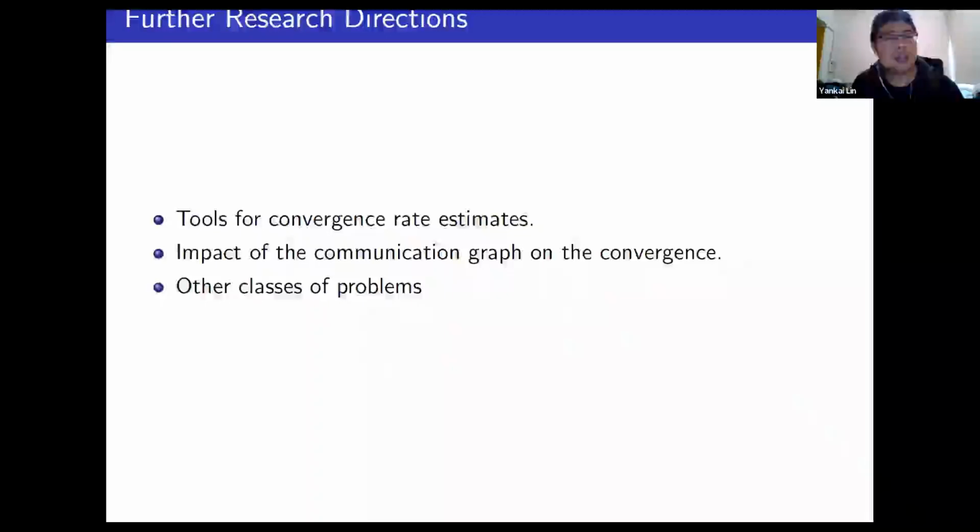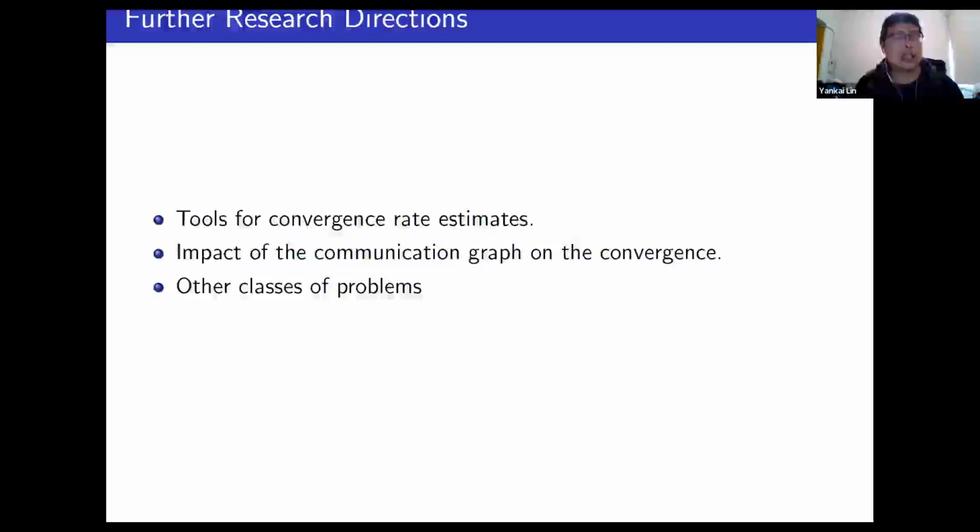So here are some future research directions. One thing of particular interest is tools for convergence rate estimates. We are obviously interested in convergence rates, even when using uncoordinated and local step sizes. And we want to theoretically explore how communication graphs impact the convergence of the algorithm. It seems that more communication links can accelerate the algorithm, and we're trying to show if that's really the case theoretically.